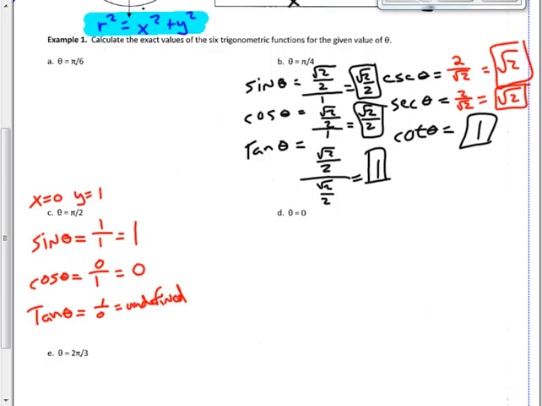So then I want to do the inverse trig functions, which is cosecant, secant, and cotangent. When I flip over 1, that's not so bad. We get a 1. When I flip over 0 over 1, I get 1 divided by 0, which is undefined. Here's where this becomes a little bit tricky.